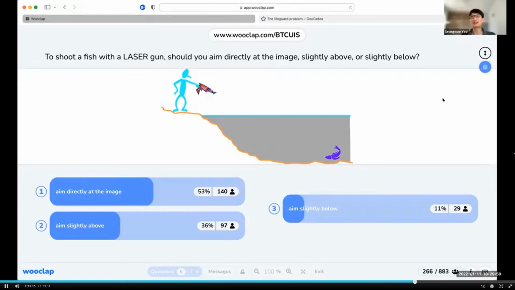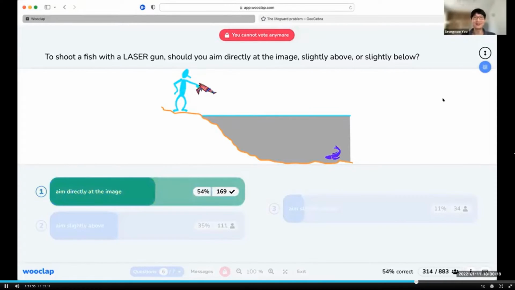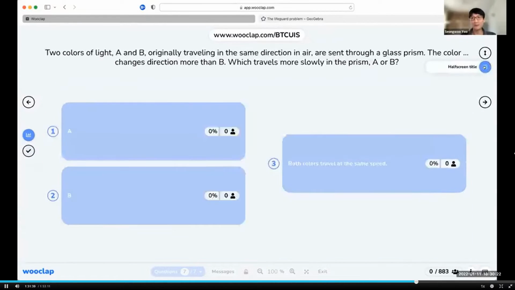We don't consider the wavelength. Let's just use the laser to shoot light. Okay, I'm going to close the vote in 5, 4, 3, 2, 1. The correct answer is 1. Now I will move on to another question.